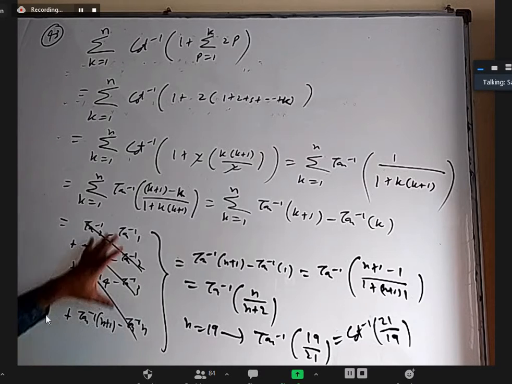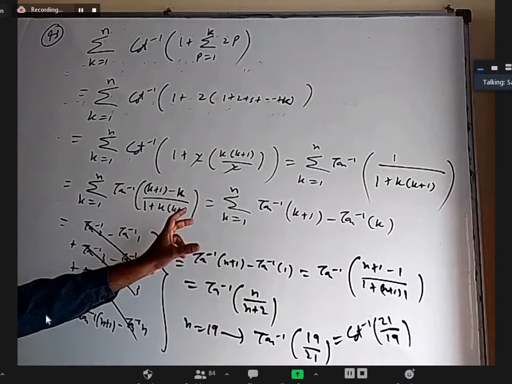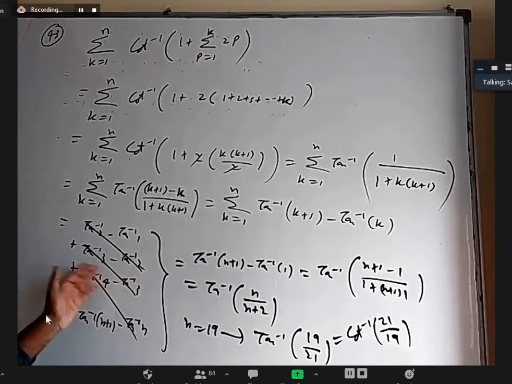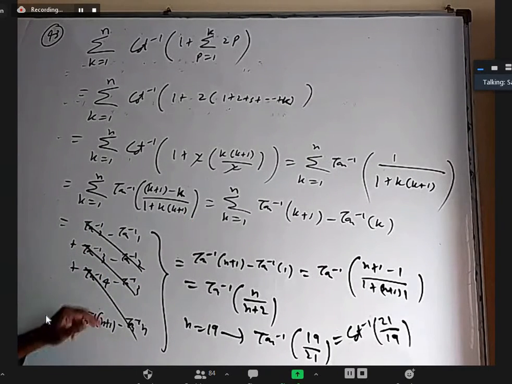I hope everybody understood about the method of difference, how when you are writing each term as difference of two things, most of the things got cancelled except the last positive term and the first negative term. We have more questions of this type in advanced material, like this only.